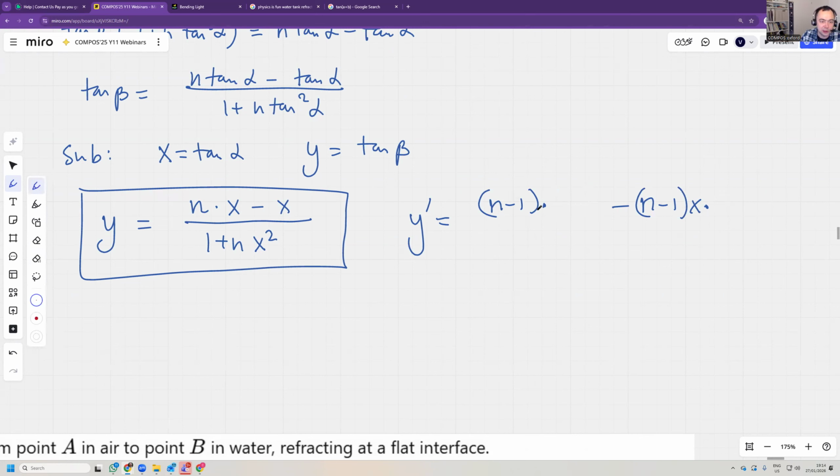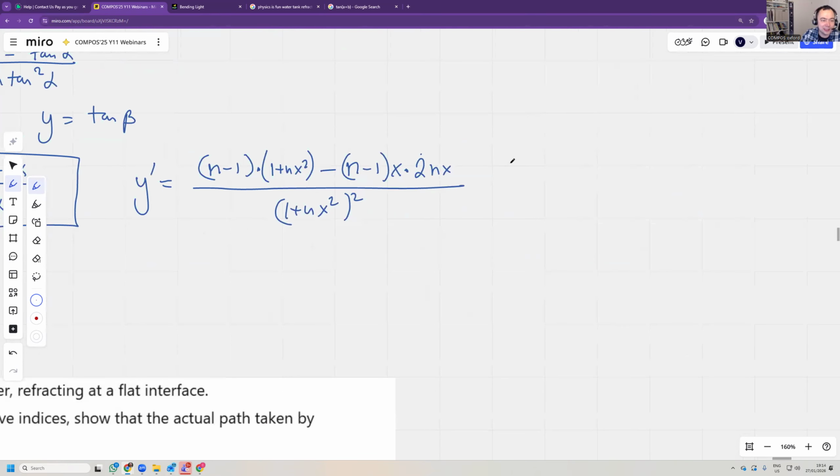I'm using the quotient rule here, so 1 plus nx squared, n minus 1, minus n minus 1 x multiplied by 2nx, all over 1 plus nx squared, squared, and I can simplify that.